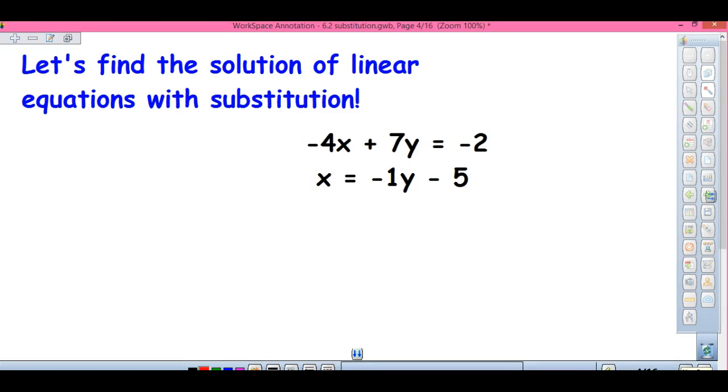Think so? All right. Okay, so now in this one, do I have x equals or y equals? I have x equals. Okay, so put that in the box. So this time the bottom part goes in the box because it's x equals negative 1y minus 5. So now what am I plugging that in for?